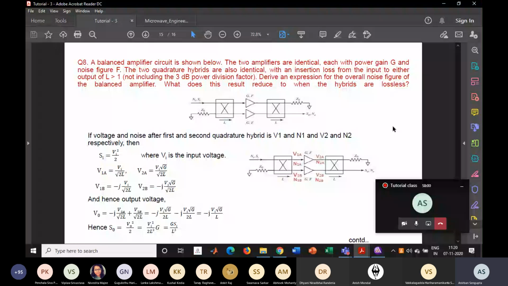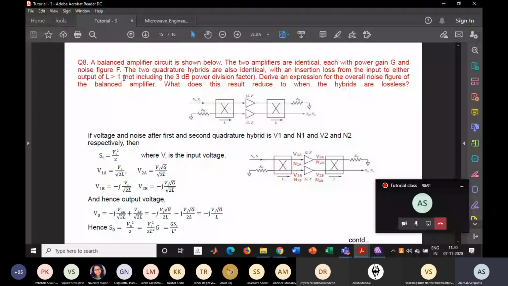The two amplifiers are identical, each with power gain G and noise figure F. The two quadrature hybrids are also identical, with an insertion loss from the input to either output of L greater than 1, not including the 3 dB power division factor.